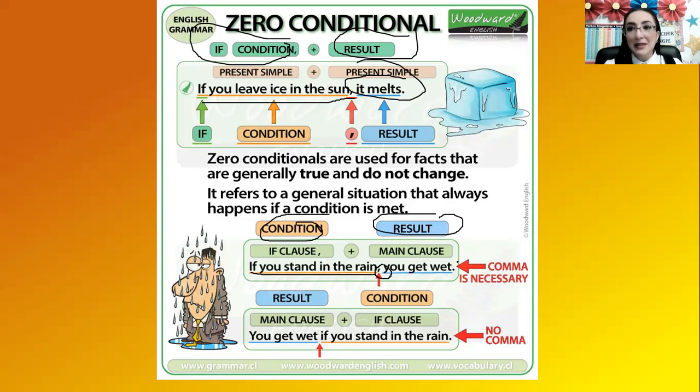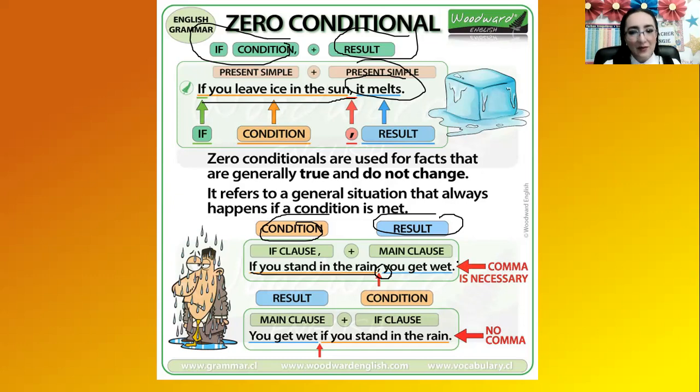Obviously, when we are speaking, we are not going to say "comma". It is going to be when you are writing these conditionals. When we are speaking, we are not going to mention the comma, but we are going to use it. If you stand in the rain, you get wet.